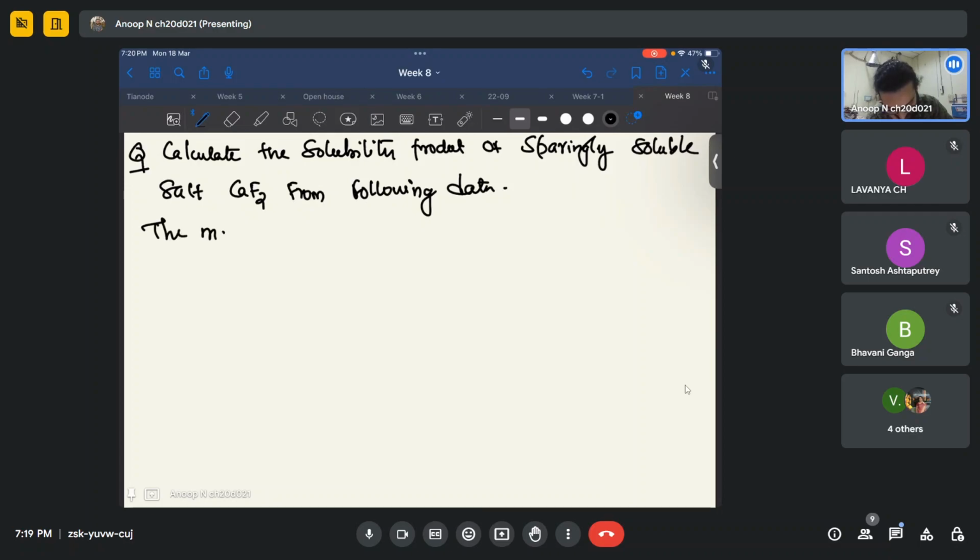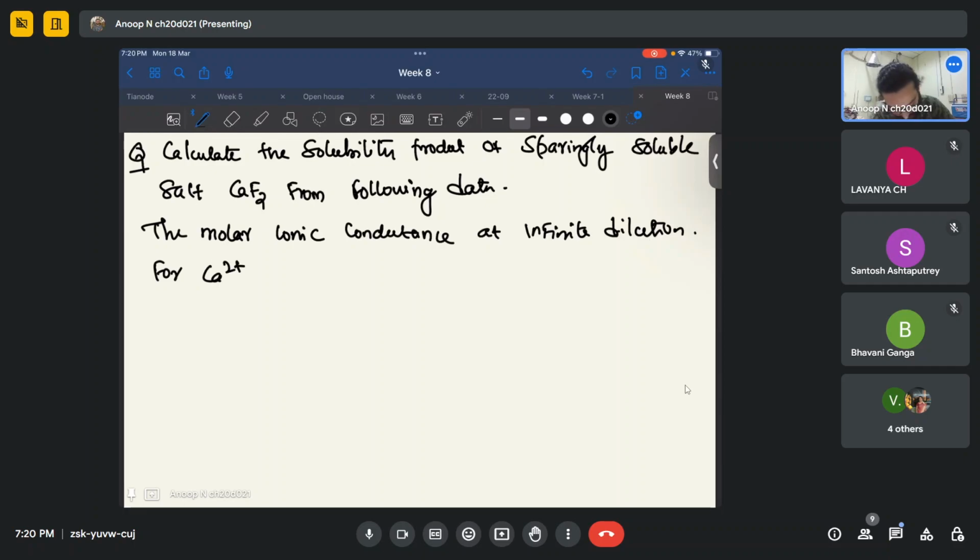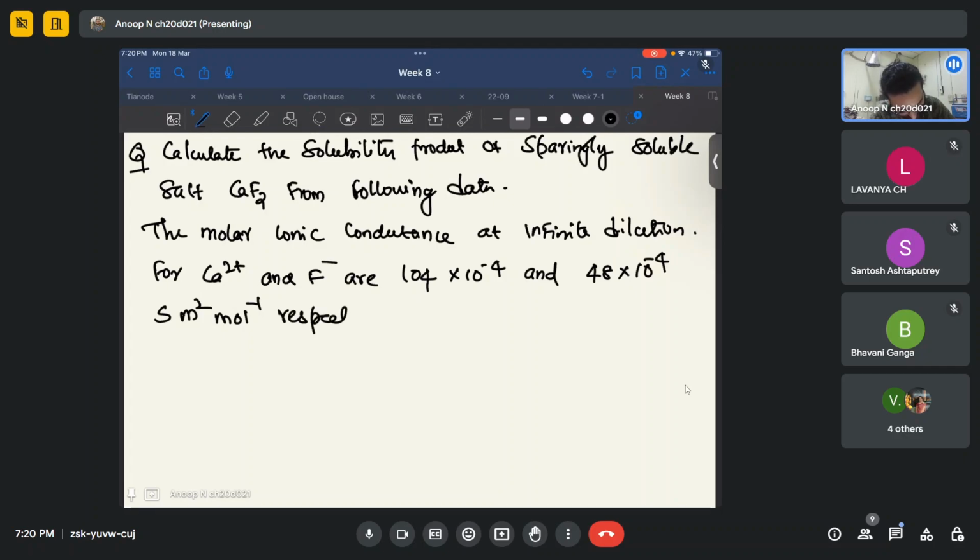The molar ionic conductance at infinite dilution for Ca2 plus and F minus are 104 into 10 raised to minus 4 and 48 into 10 raised to minus 4 Siemens meter square mole raised to minus 1 respectively. Here, Santosh, you can see the molar conductance at infinite dilution. In the previous question, it was given saturated solution. That's why they haven't mentioned infinite dilution again; here, since it's not given, the question is making clarity.